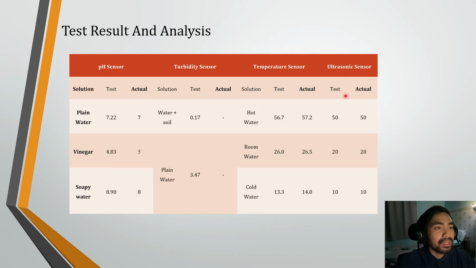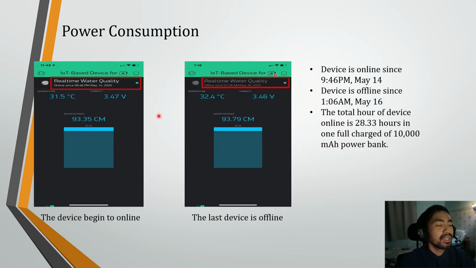The ultrasonic sensor is very accurate for water distance, like in the preliminary analysis test before. Okay, another analysis is power consumption. This is the Blynk application. The device began to go online.